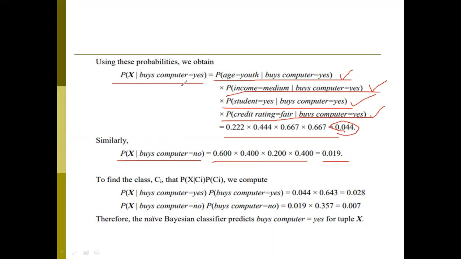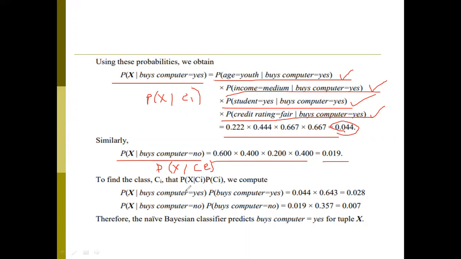After getting P of X given yes and P of X given no, this is P of X given C1, and this is P of X given C2.